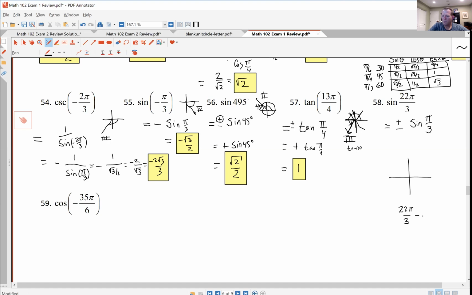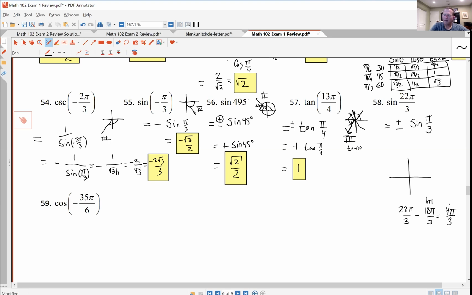Four would be 12. 2 pi, 4 pi, 6 pi would be 18. 8 pi would be 24, so that's too big, so 6 is it. 22 minus 18 is 4 pi over 3.